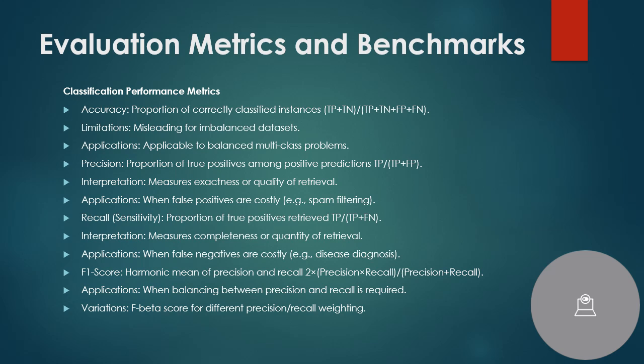Recall is the proportion of true positives retrieved, and it measures completeness, also called quantity of retrieval. F1 score is the harmonic mean of precision and recall. When balancing between precision and recall, F1 score is required.